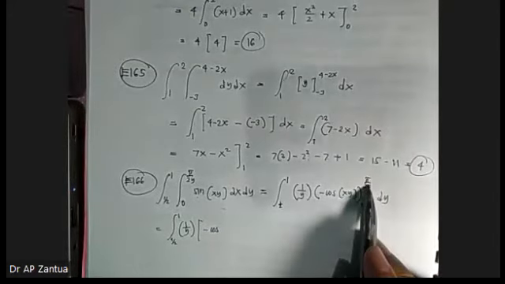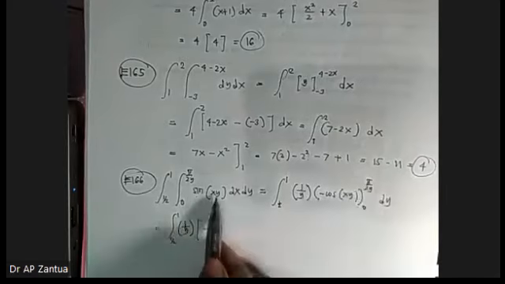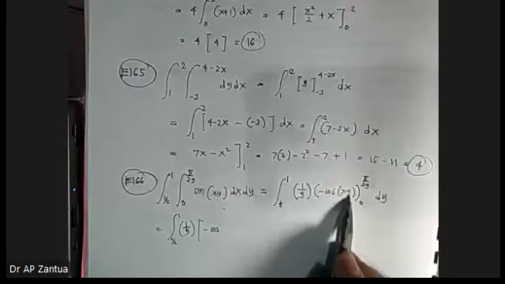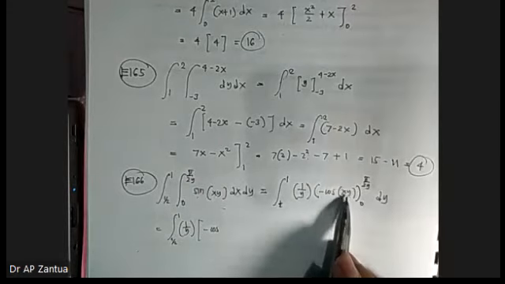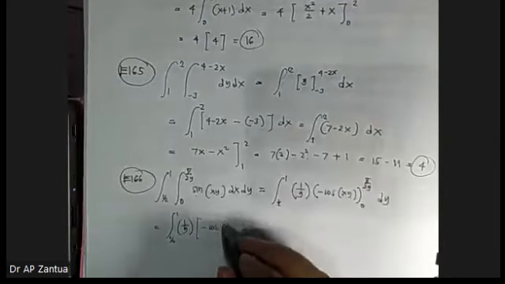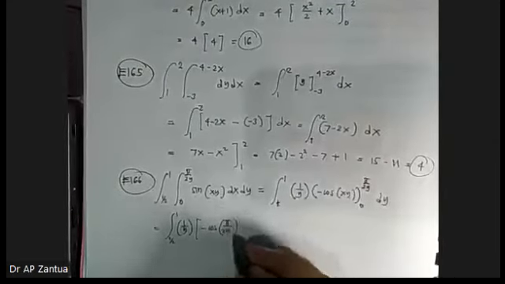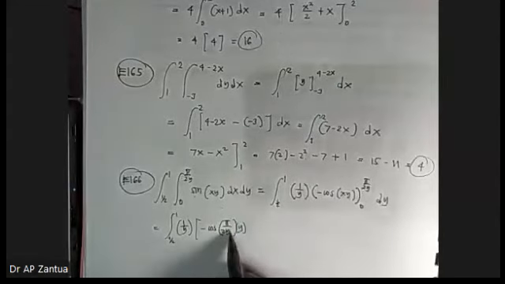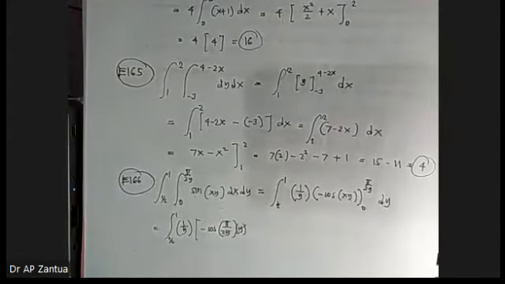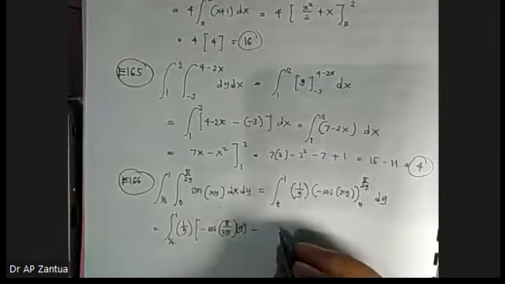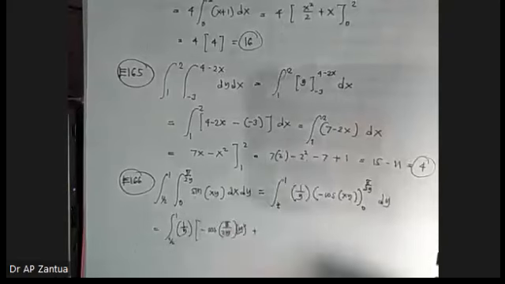We have to substitute to x because we integrated with respect to x. Leave y alone. So substitute to x: x is pi over 2y. Then y will be cancelled out. Cancellation. So minus negative will become positive cosine.